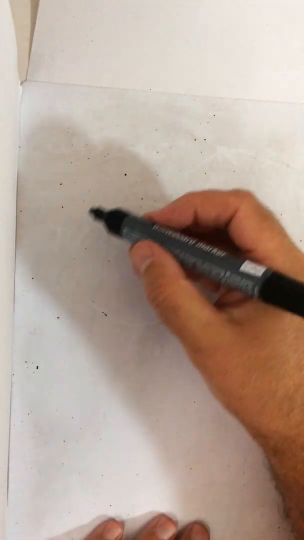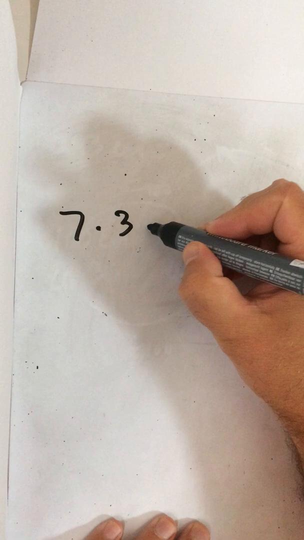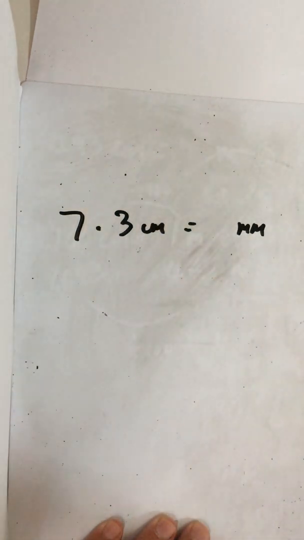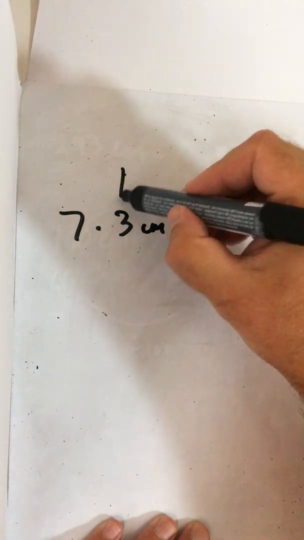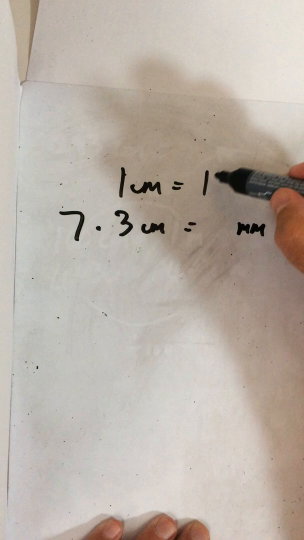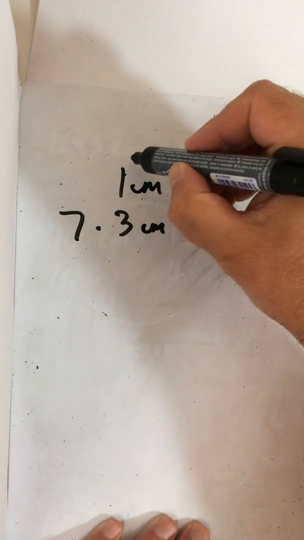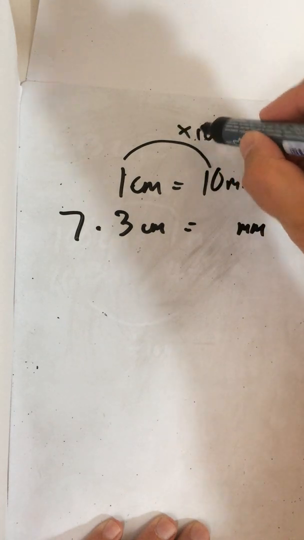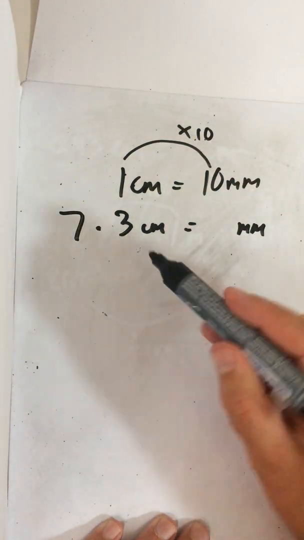Let's have a look at 7.3 centimeters equals how many millimeters? Again, nice and straightforward. I know that 1 centimeter is equal to 10 millimeters, and to get from 1 to 10 I times by 10. So I have to do the same here.